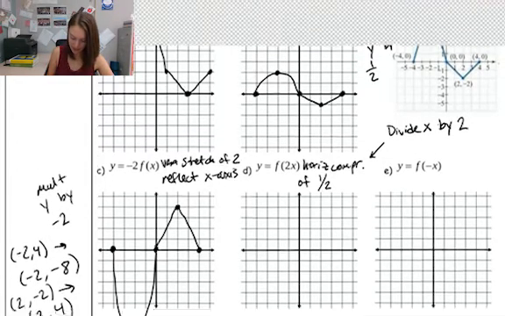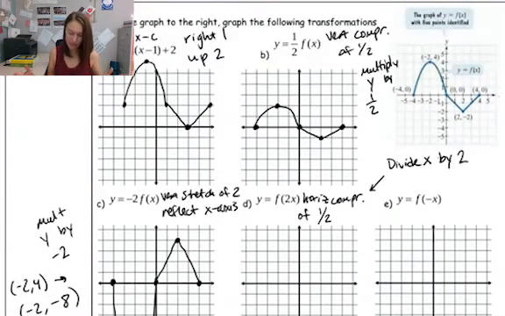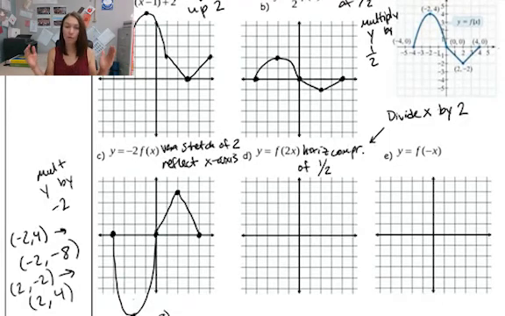So I can take all my x values and divide them by 2. So it's going to take my graph and shrink it horizontally. So -4, 0 and 4, 0 are going to get shrunk down to -2, 0 and 2, 0. 0 isn't going to change. So instead of doing this, it's now here.